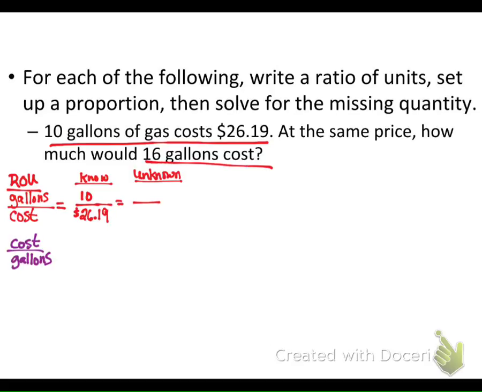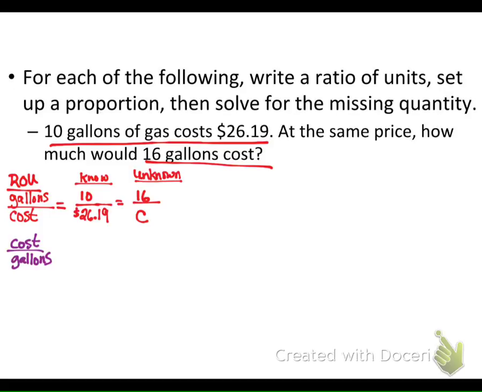Does that go on top or on bottom? On top, because my gallons I put on top. The unknown thing is, how much is that going to cost? So I'm trying to find the cost. So now you have a proportion, and from this proportion, you solve.